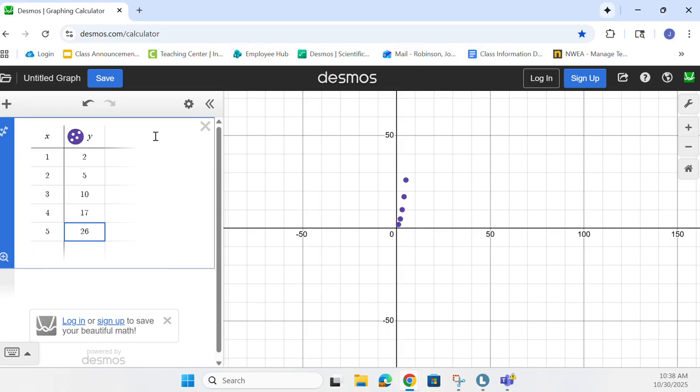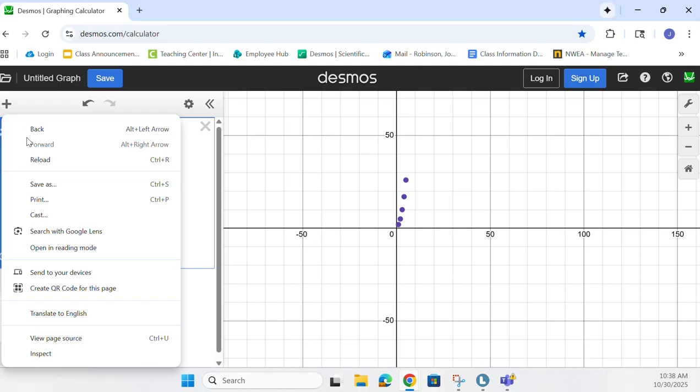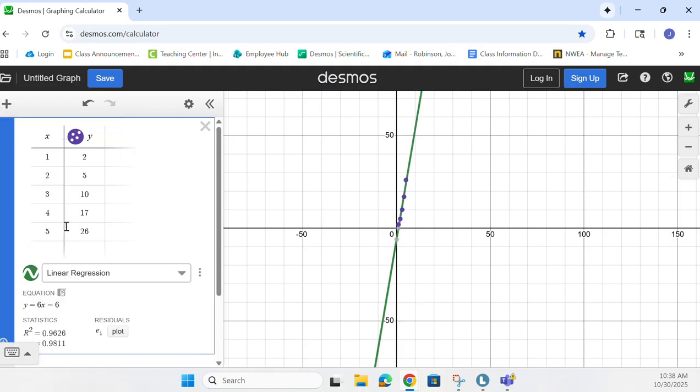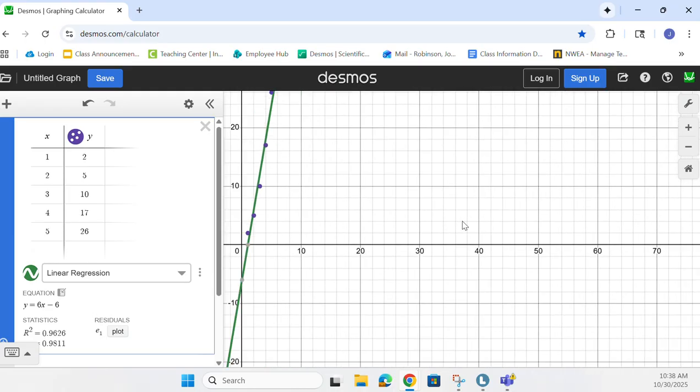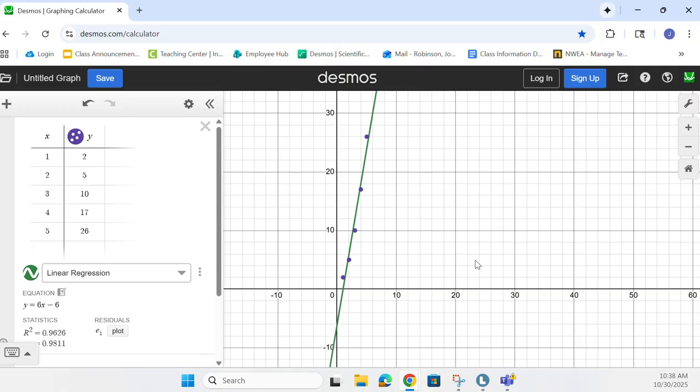After you plot the points, over here under this number 1, we're adding some regressions. The first regression that we're going to add is the linear regression. That just means we're going to write the equation for these points in slope-intercept form. It would be y equals 6x minus 6. But if you look, you'll see that the line is not really on the points.